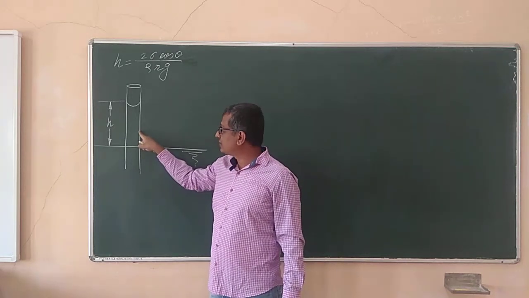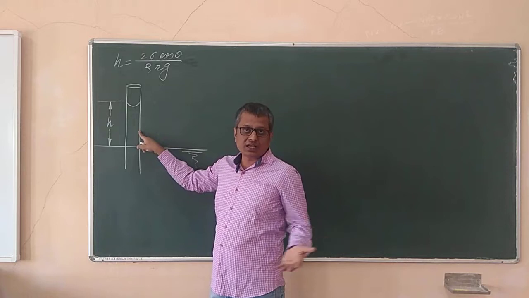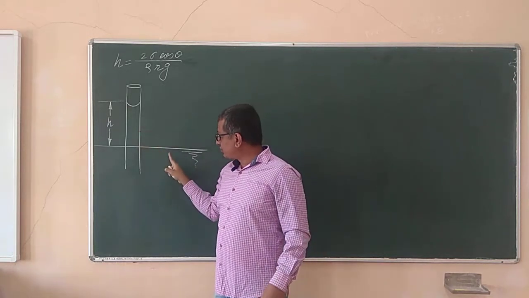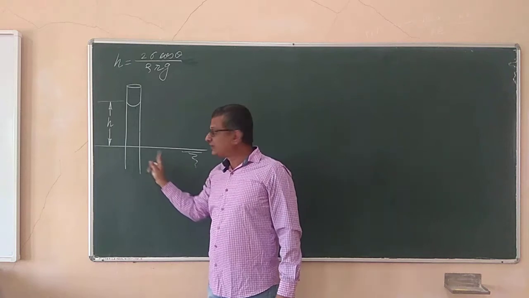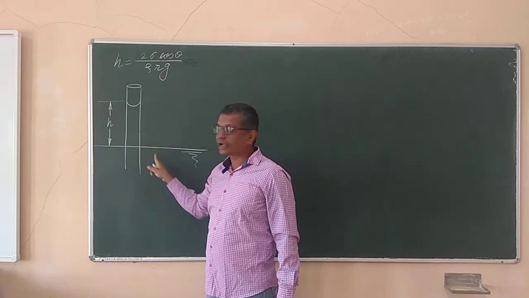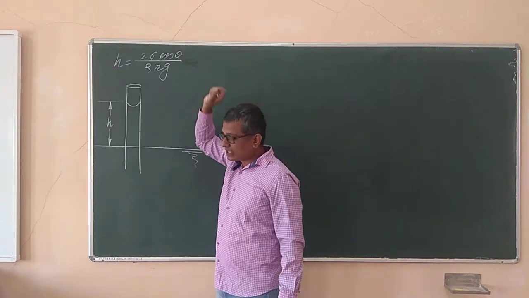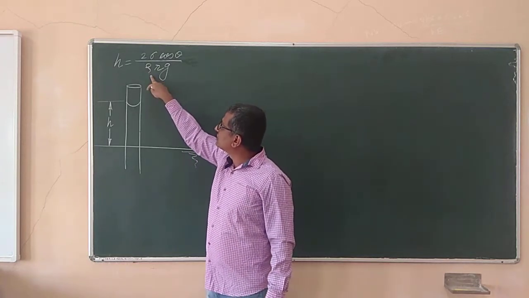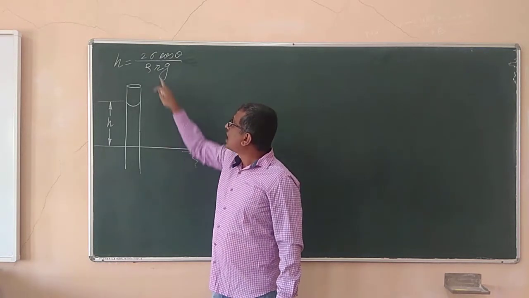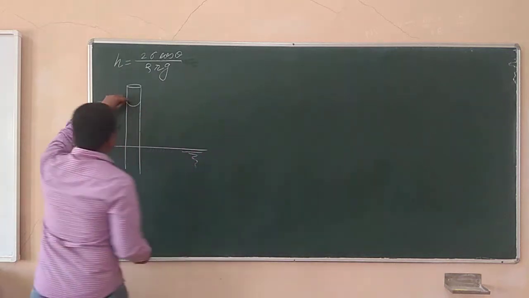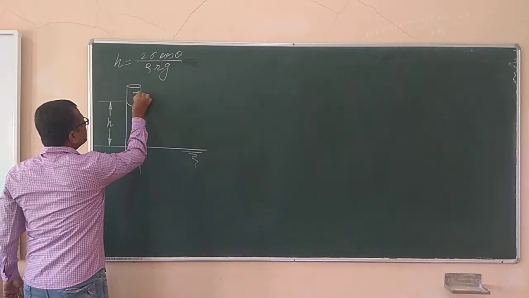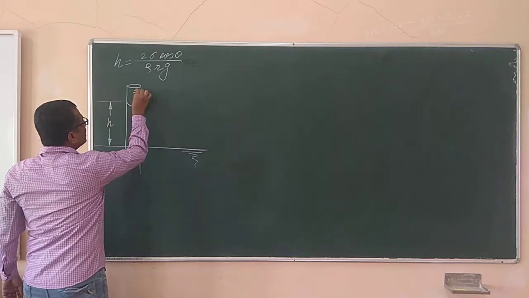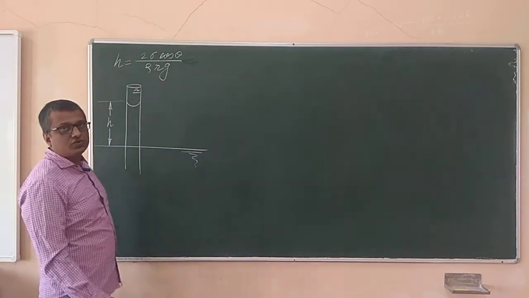Whatever the material of this capillary tube is, maybe fiber or glass or steel, and whatever the liquid is, for this particular pair of liquid and solid, theta is the angle of contact, rho is the density of this liquid, small r is the radius of this capillary tube, and g is the acceleration due to gravity.